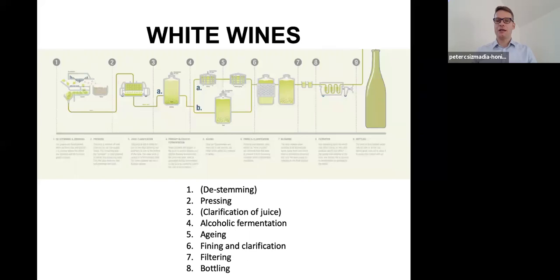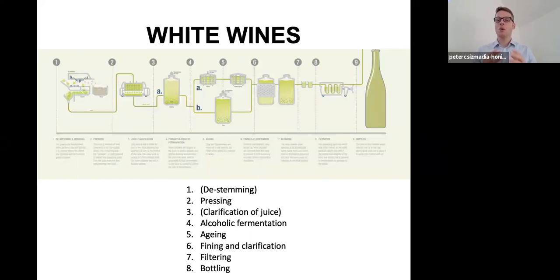By fining, clarifying, and filtering, these are techniques I'm going to discuss later during the presentation. But overall, what we can say about fining, clarification, and filtering is that these are three techniques to remove different particles or sediments from the wine to ensure that there is good glass quality, so that it looks good in the glass once it's poured for the consumer.